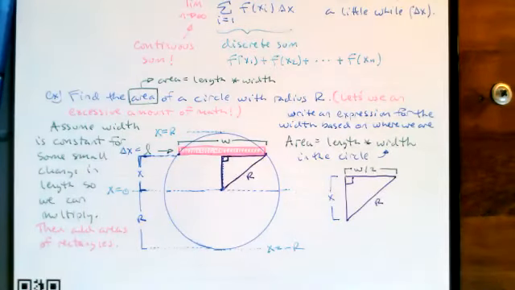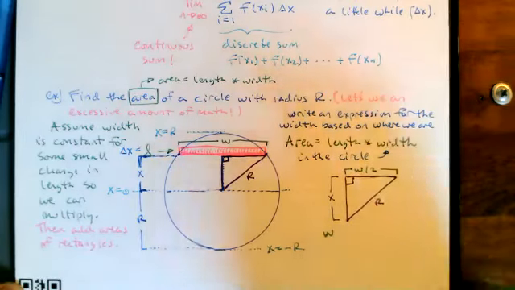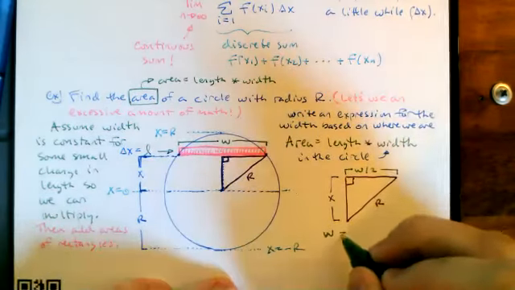And so now we have a relationship between W and X. The width in terms of X will be 2 times the square root of r squared minus x squared. So now I've written the width. I have an expression for the width in terms of where we are in the circle.